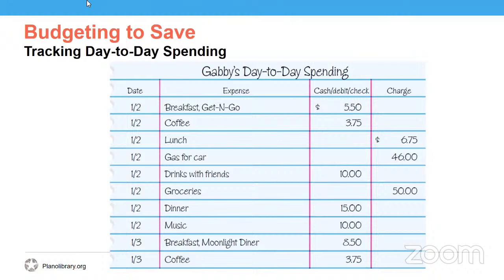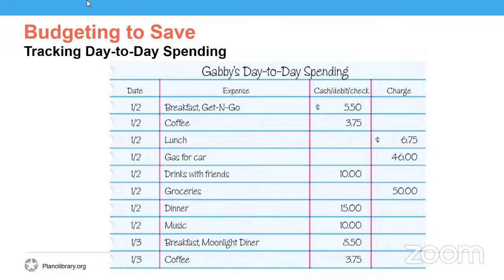You need to develop a budget and live by it. To achieve your financial goals, you need a budget. Budgets help you understand where your money is going, avoid overspending, and help you save money, which will help you build your wealth. The first step in creating a budget is to track your day-to-day spending.